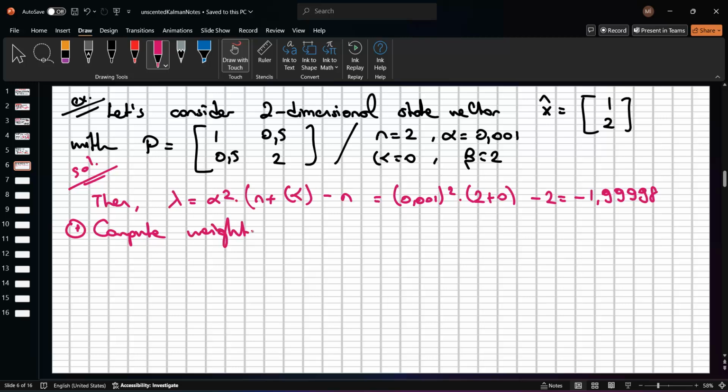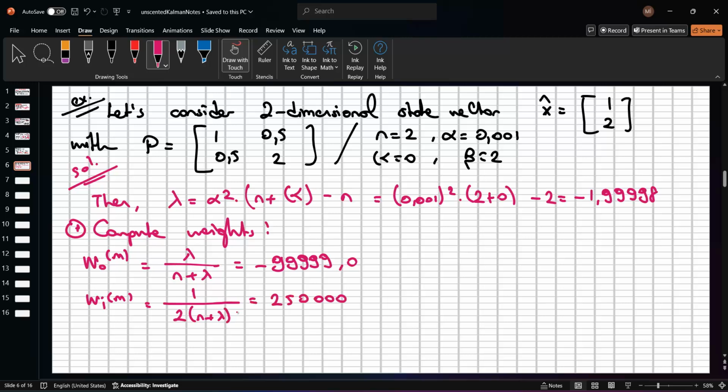Weights. So W0m equals lambda divided by n plus lambda, which is equal to minus 999999.0. And so Wim is equal to 1 divided by 2 times n plus lambda, which is equal to 250,000.